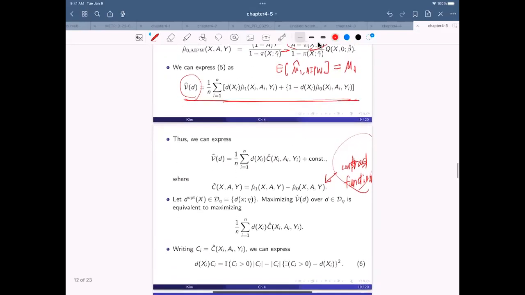So if I know the contrast function, then I know already what is the optimal DTR, right? Because this guy is simply just this one.